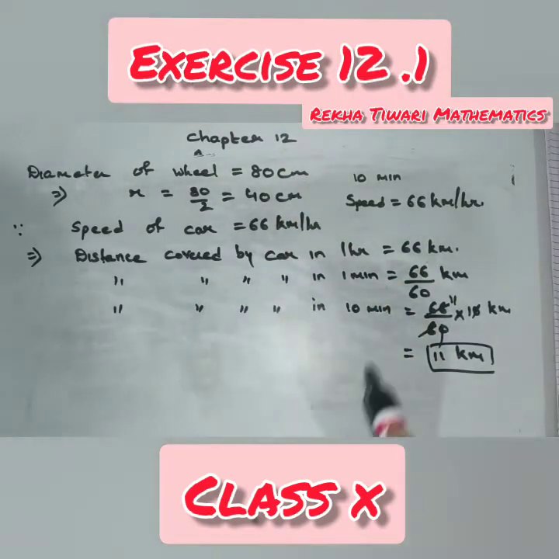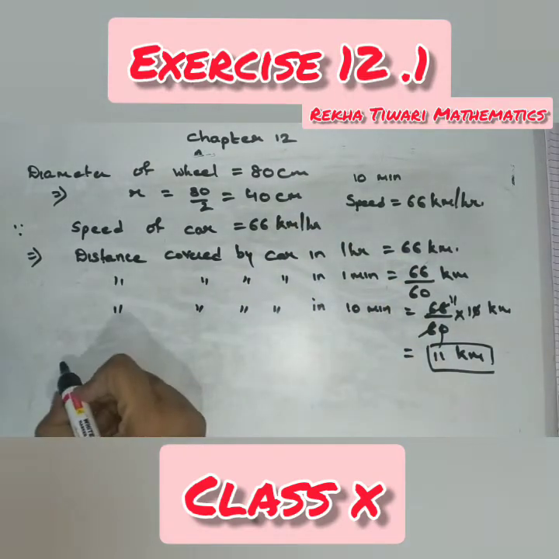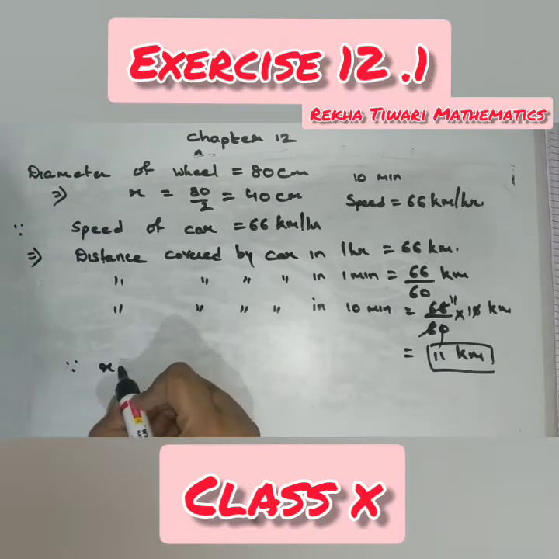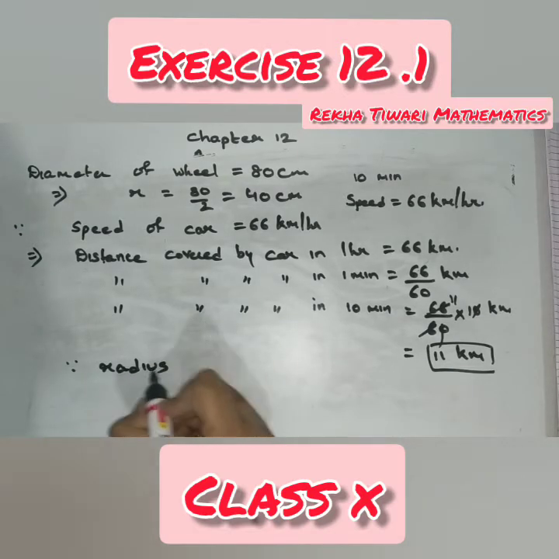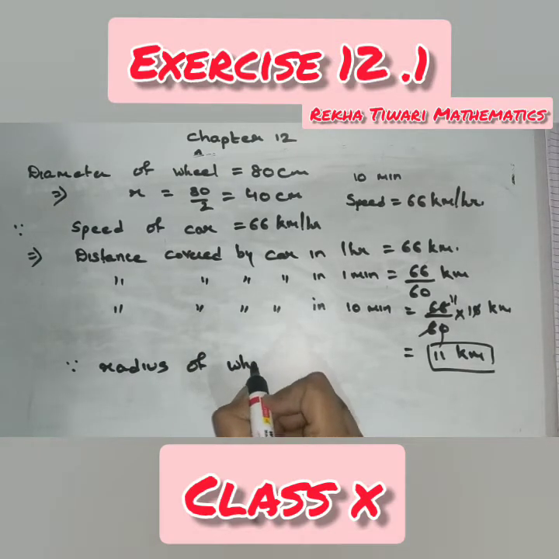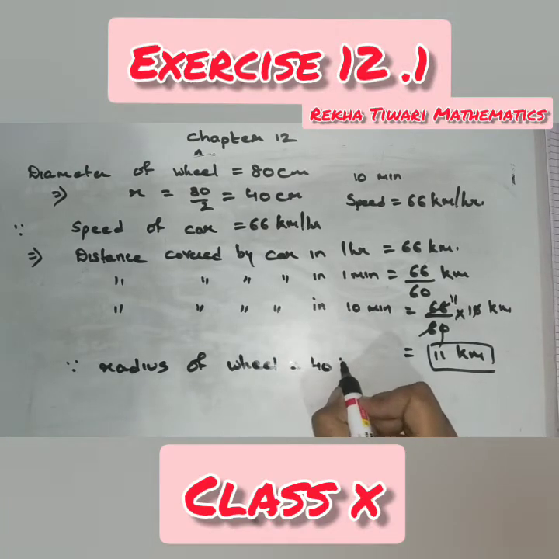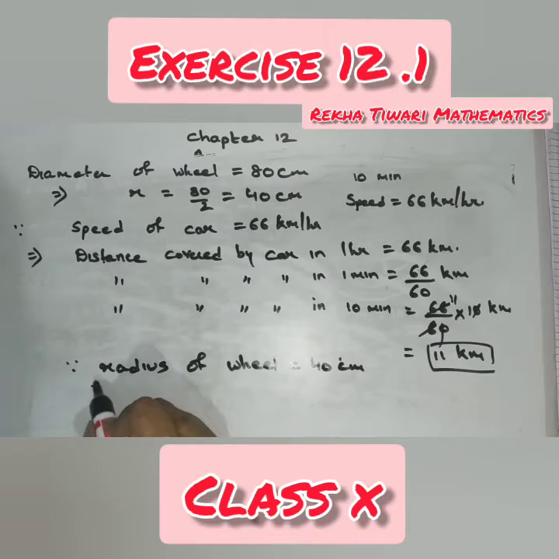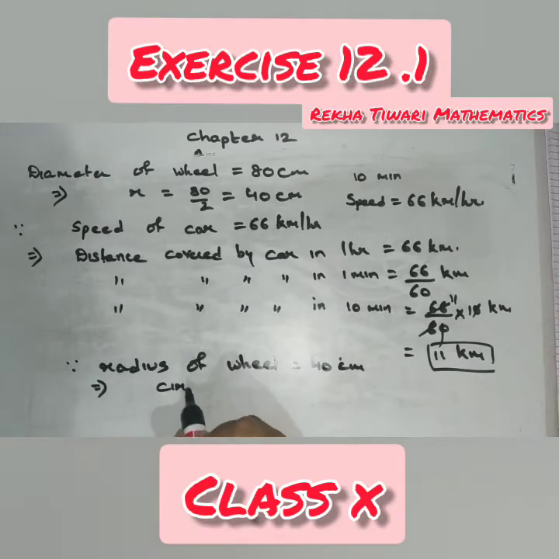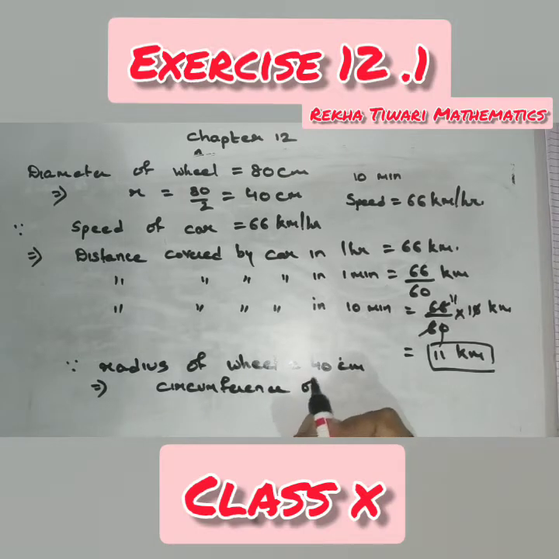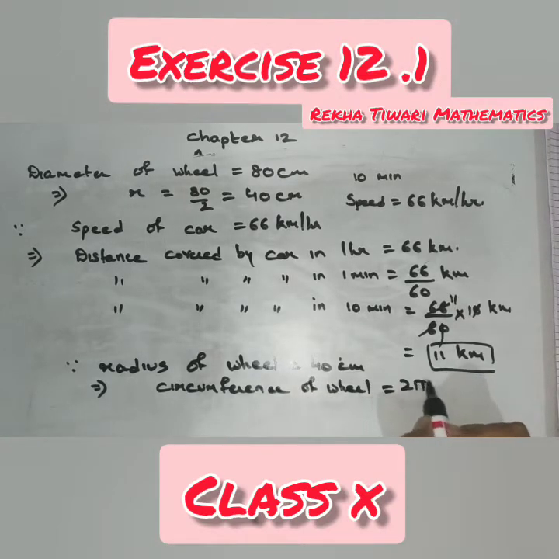So we can calculate the circumference of the wheel. Now since radius of wheel is equal to 40 centimeter, this implies circumference of wheel is equal to, what is the formula? 2 pi r.